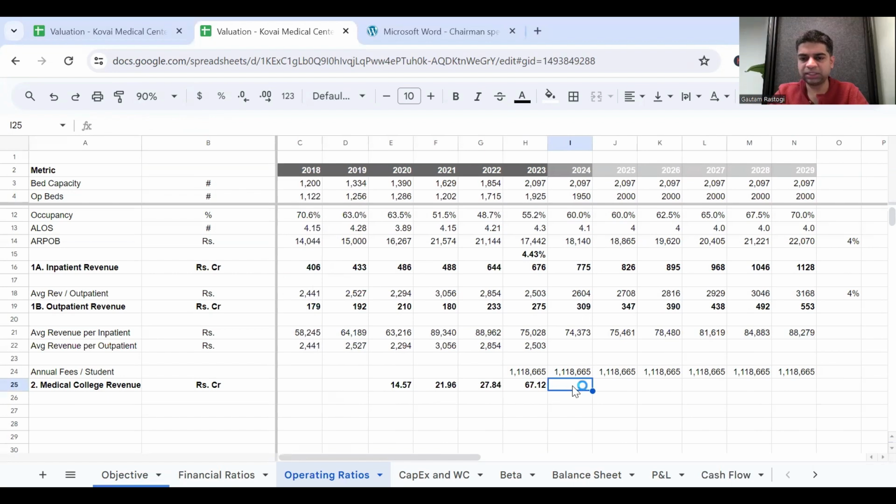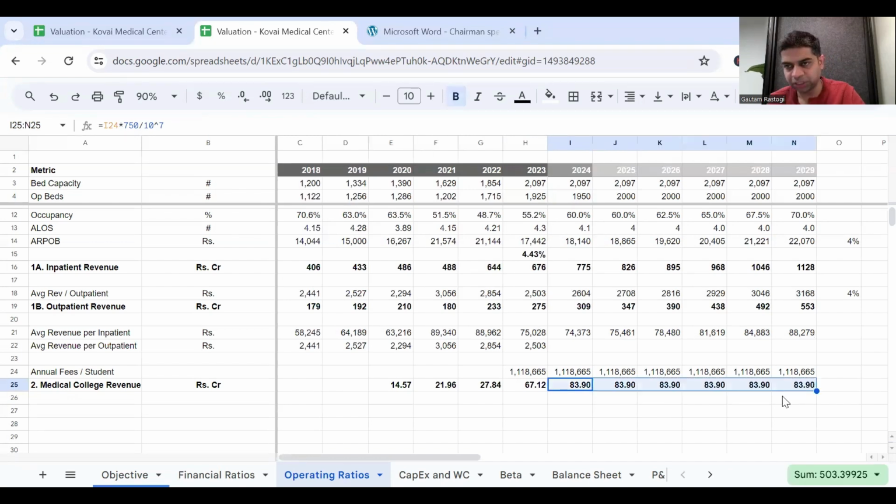Right. So now let's estimate. It's multiplied by 750, which would be the intake in year 5. And then we've got to divide it by CR. So this is the peak. The revenue from medical colleges would peak out in year 2024, unless, of course, they increase the intake of students.